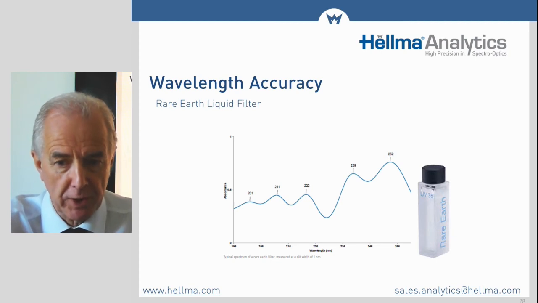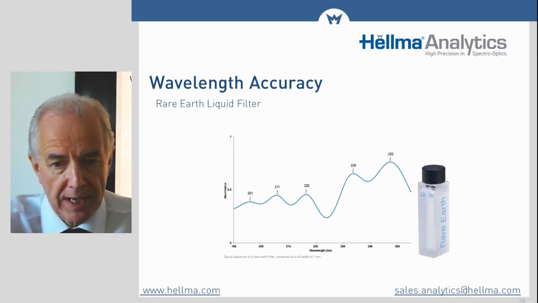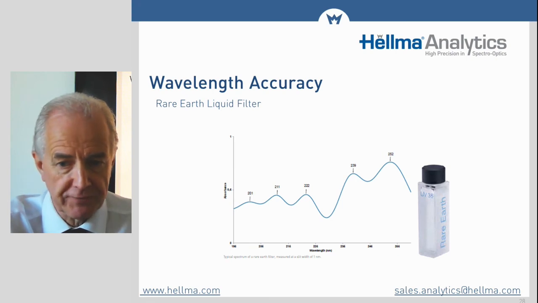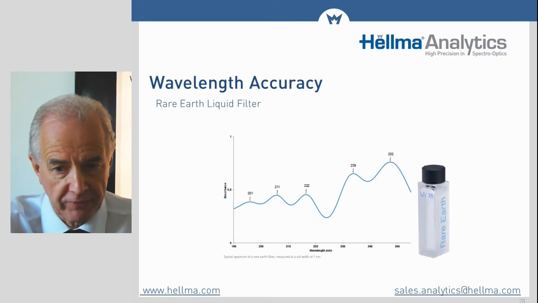And this may require 2 different filters if that is a very broad range of wavelengths. Or maybe it will involve selecting a filter with peaks close enough together if you are working over a very narrow wavelength range. If you need any help finding the best combination for your application, simply contact your local Hellma office.